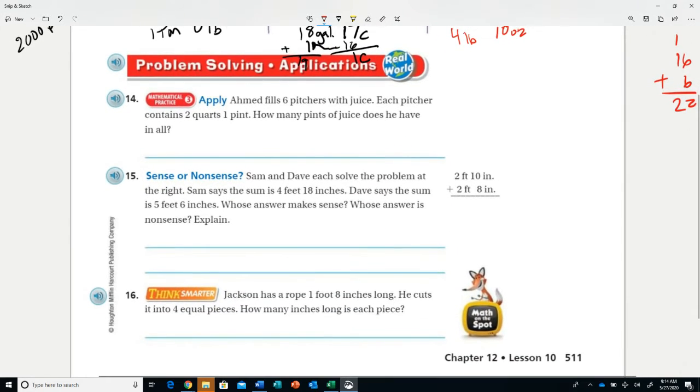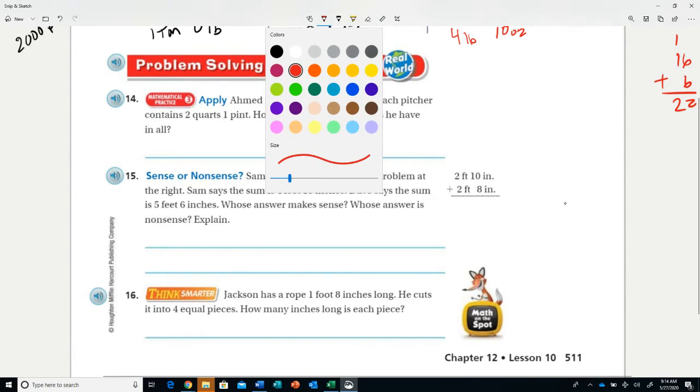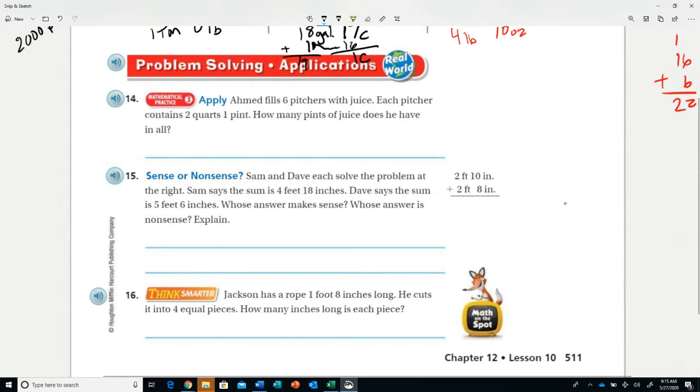Number 14. Ahmed fills 6 pitchers with juice. Each pitcher contains 2 quarts and 1 pint. How many pints of juice does he have in all? So we have to go back to making sure we understand how many pints are in quarts. Our conversion here is that 2 pints equal 1 quart. So every time I have a quart, I have 2 pints.